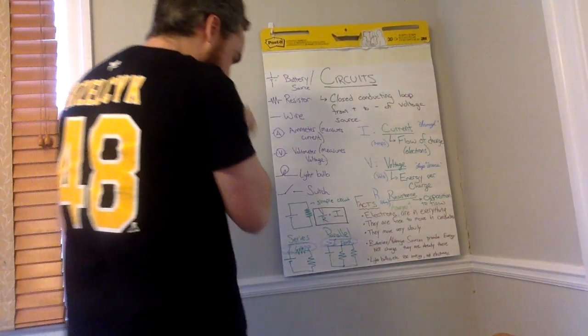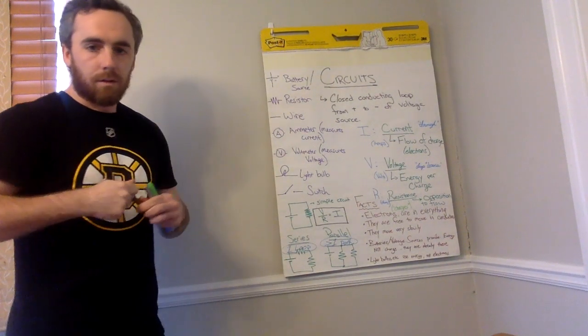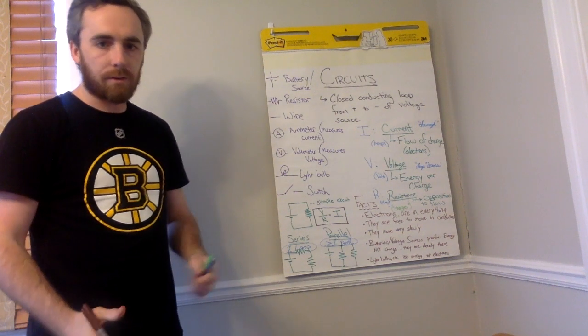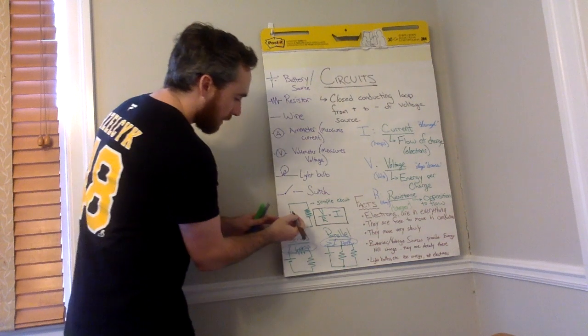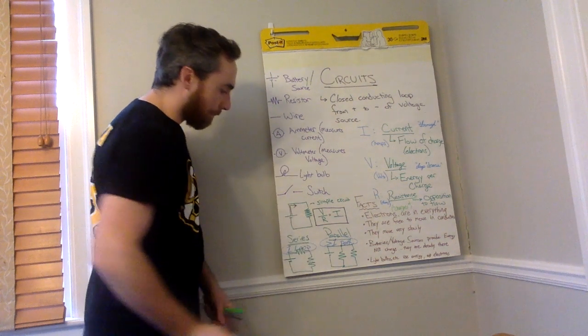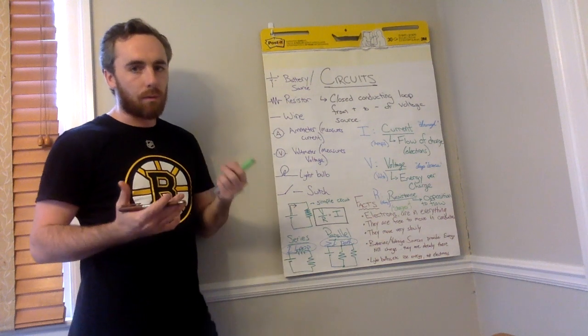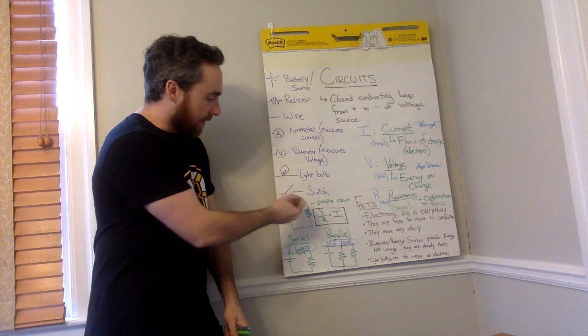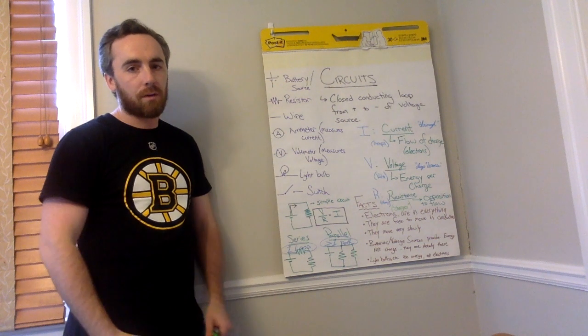All right. One thing you might see that's kind of confusing, but I don't know why they never changed this. If I was in charge of physics, I would change this, but the direction of current is, conventionally, the direction a positive would go.